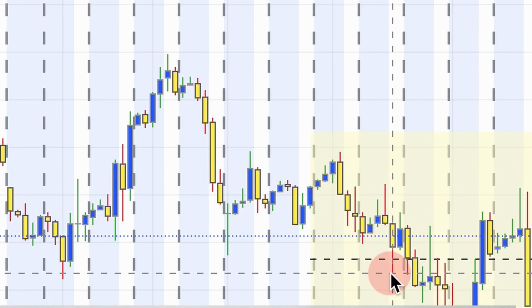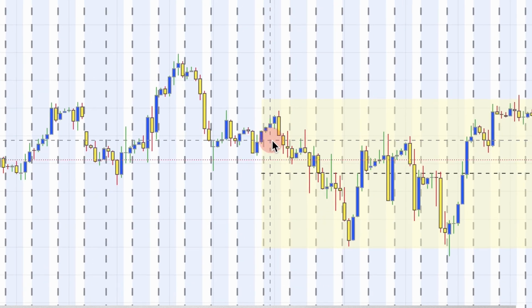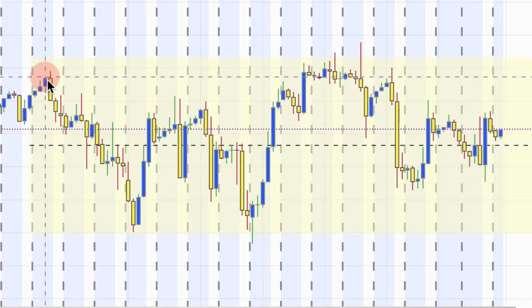It went what we call bearish. A declining market is bearish. An ascending market is called bullish. And then since about the last week of January, the E-mini Russell has been trading inside of a range.